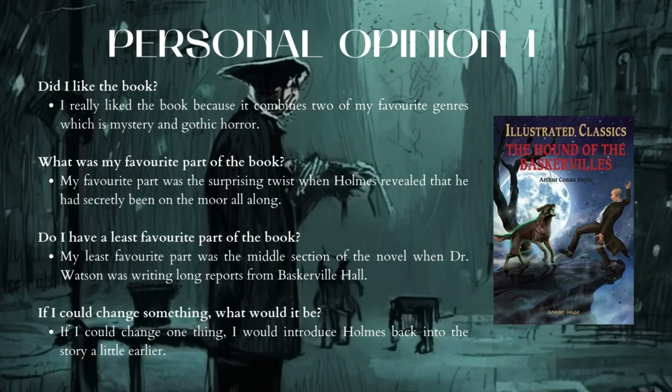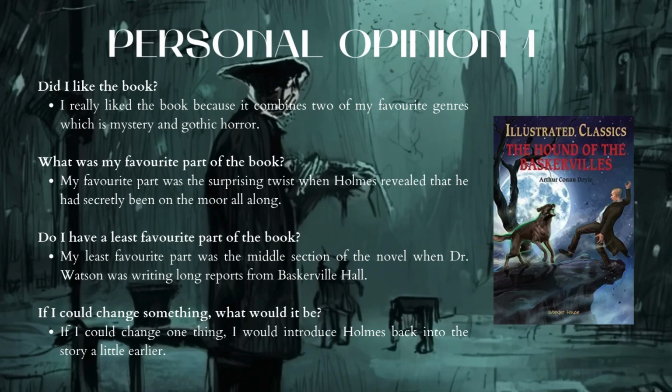As someone who truly enjoys detective stories filled with suspense, logic, and dark secrets, this book was a thrilling experience from beginning to end. I really liked this book because it combines two of my favorite genres, which are mystery and gothic horror.